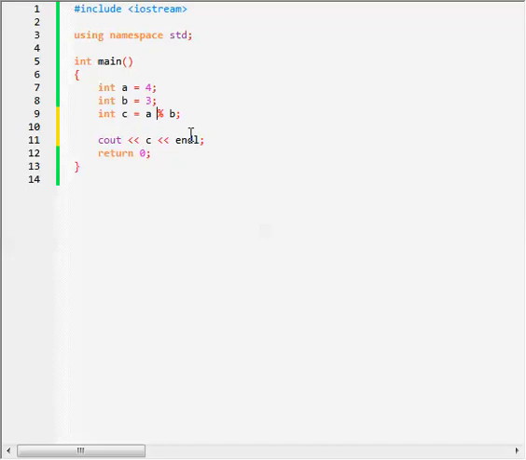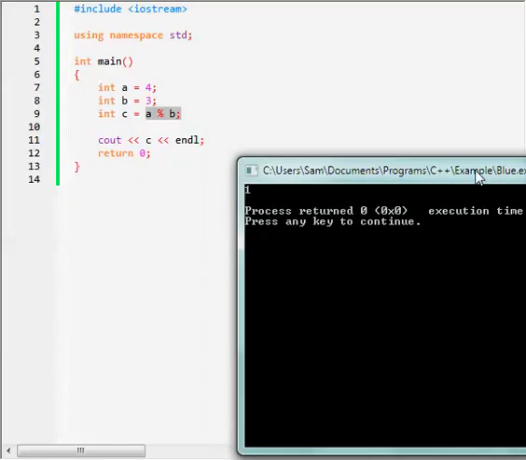If you remember from math a long time ago, when you were doing remainders, you would divide 4 by 3, you would get 1, remainder 1. So the remainder goes to c. So if I compiled and ran it, you get 1.